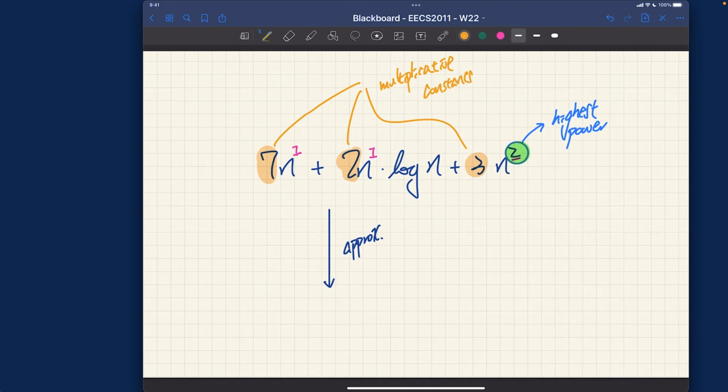Don't forget we can also drop the lower terms, as we saw in the earlier part of the slides. So how can we drop the lower term? Anything other than the highest power will be considered a lower term. So all the remaining terms over here will be considered lower terms.